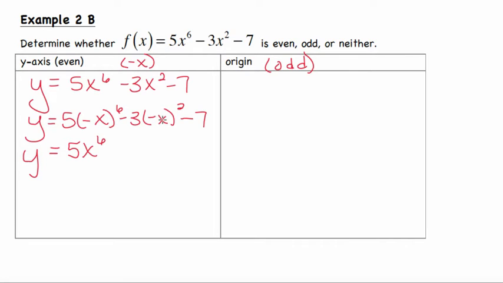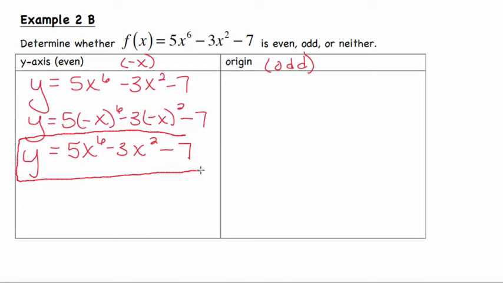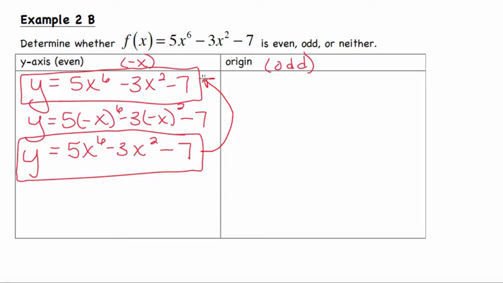This negative x squared is going to turn into positive x squared, and the positive x squared times negative 3 will be negative 3x squared again, and then we have minus 7. I'm going to compare my new cleaned up version with the original, and I see they look like twins, so the answer is yes, the function is even.